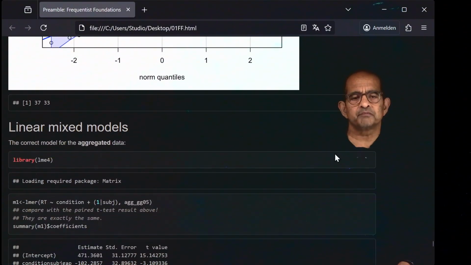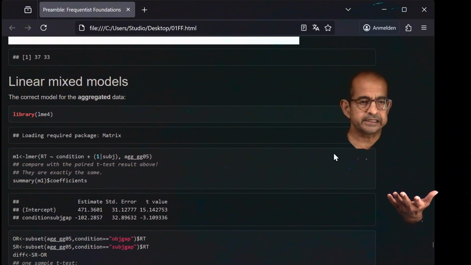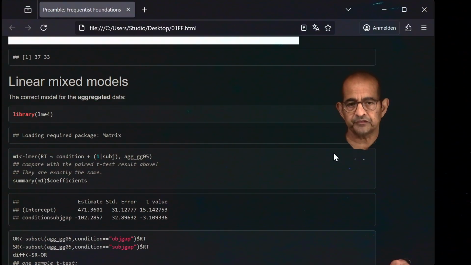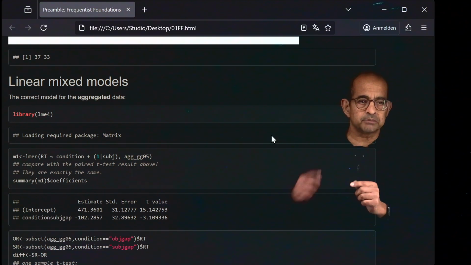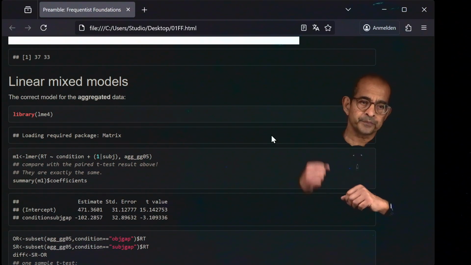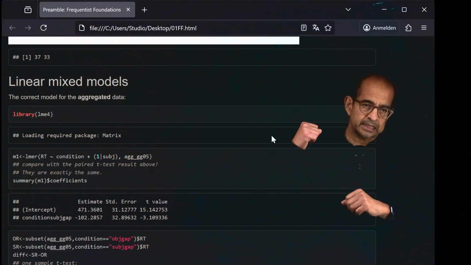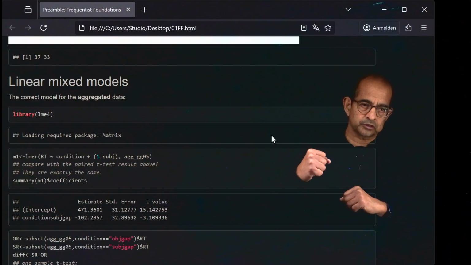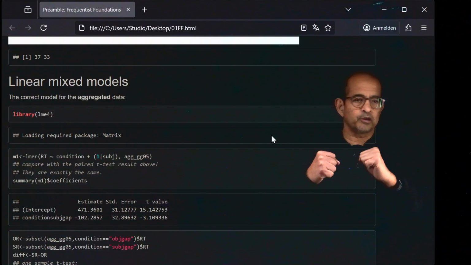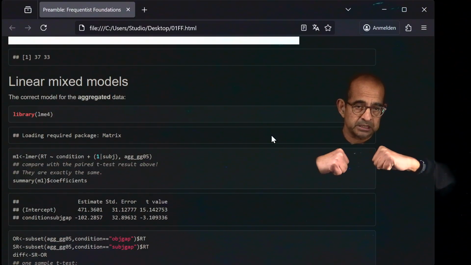So until now, I've been showing you some linear models that were completely incorrect for the data that we have. And as I mentioned, the reason they are incorrect is that we have repeated measurements from each subject in each of the two conditions. Remember that in the aggregated data, I have 42 subjects and I have one aggregated data point for object gaps and one aggregated data point for subject gaps, but they're coming from the same subject.